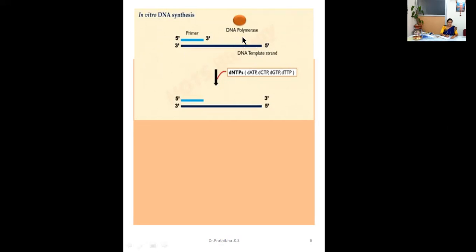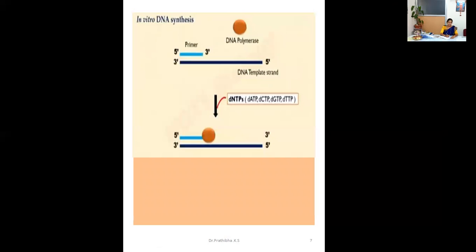Then we need a primer, DNA polymerase, and the deoxynucleotide triphosphates, the individual nitrogenous bases. Once you have all the requirements, DNA synthesis will begin, as in in vivo DNA synthesis or DNA replication. Once the primer is ready, even in vivo, the DNA polymerase goes and attaches to this region, to the primers.